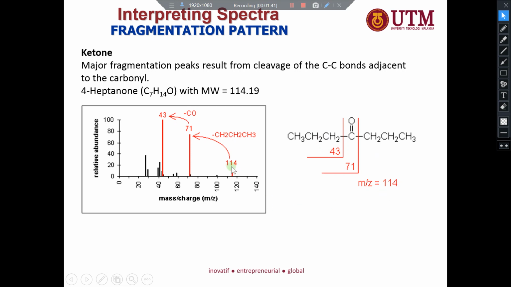114 is the molecular ion peak. You have 71 as the next one, because you cut here, and you get either this fragment or the whole other part. You have 43 and you have 71 over here.